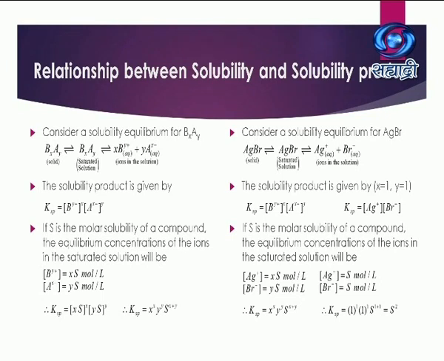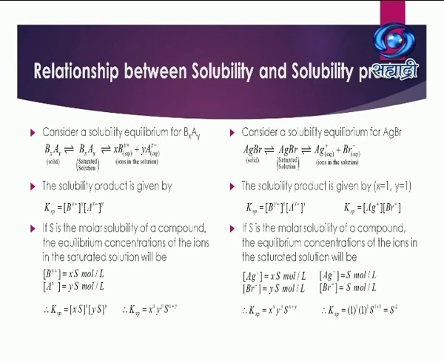Therefore, Ksp is equal to (xS) raised to x into (yS) raised to y. Simplifying, the expression becomes Ksp is equal to x^x, y^y, S^(x+y). So this is the very simple expression which we obtain. If you remember what x is and what y is, with this final expression you can establish a relationship between Ksp and S.